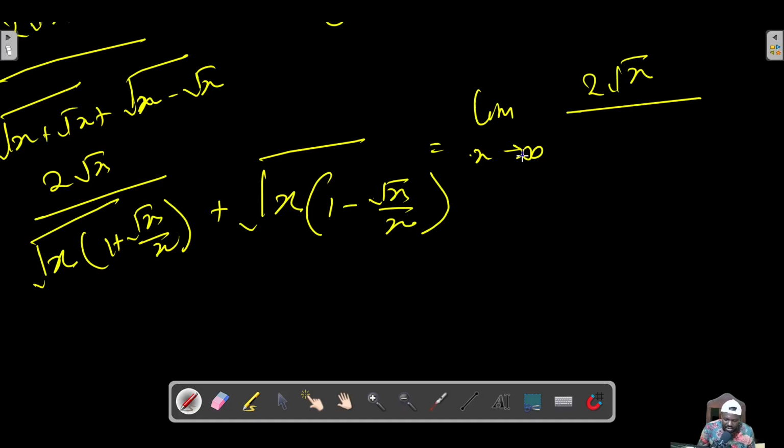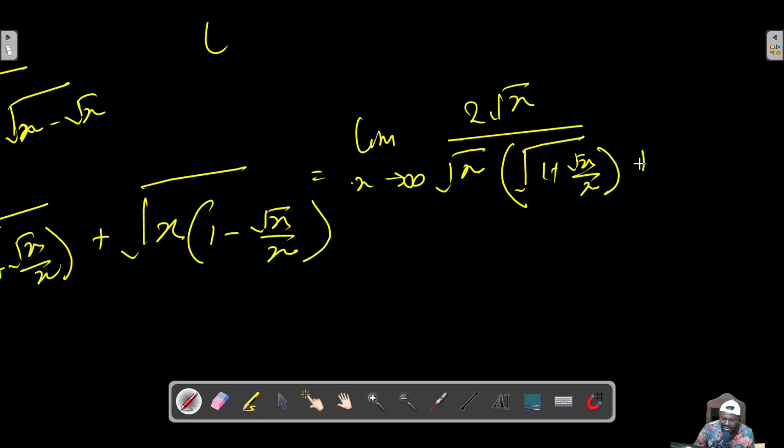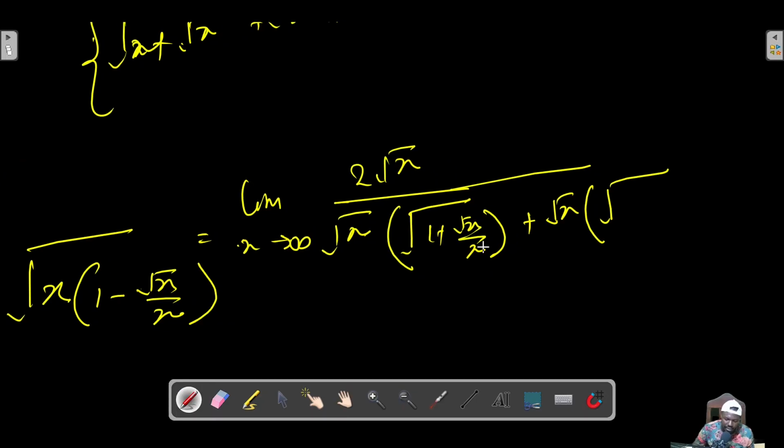You realize that for here, I can separate the root x and separate this root x, so I can write it as root x multiplying root of 1 plus root x on x, plus root x multiplying root of 1 minus root x over x.